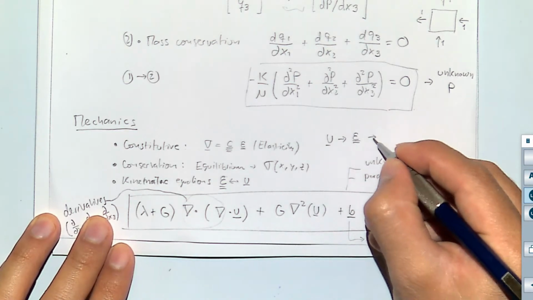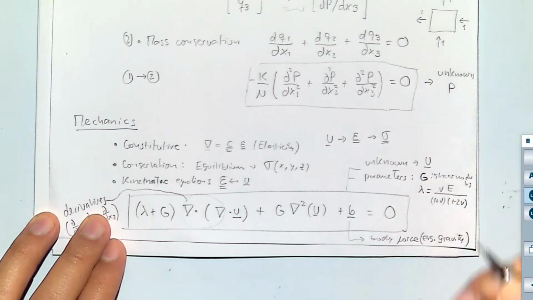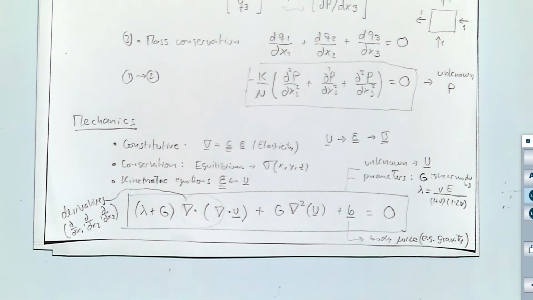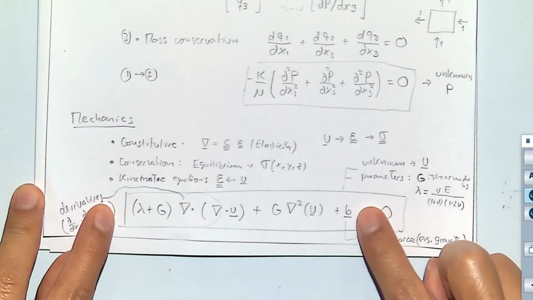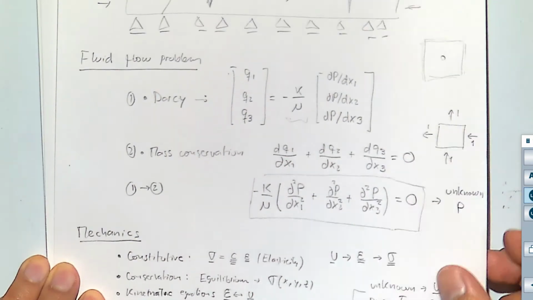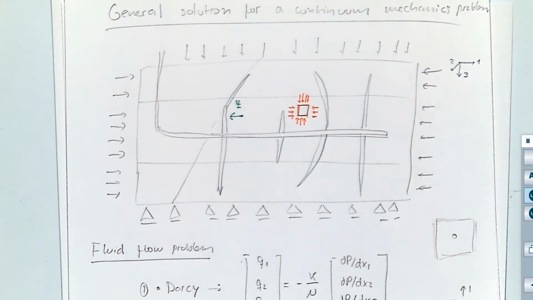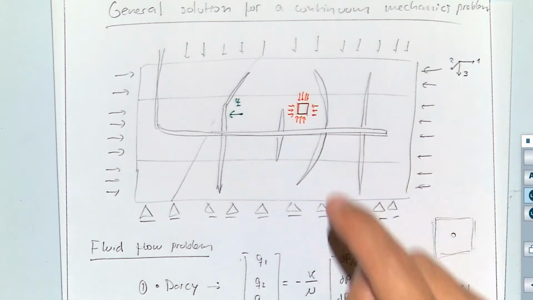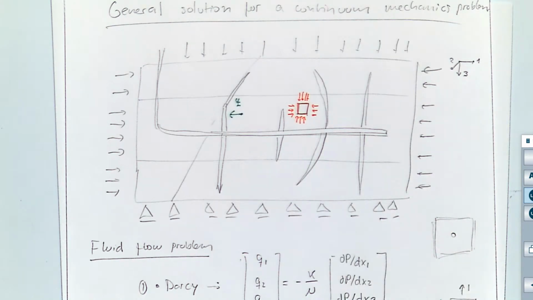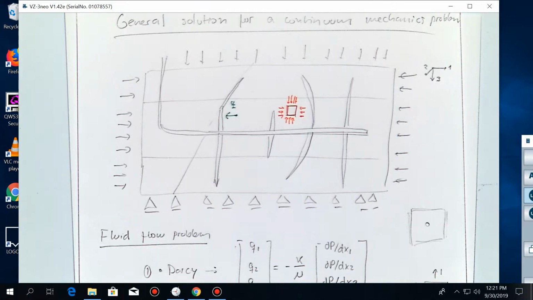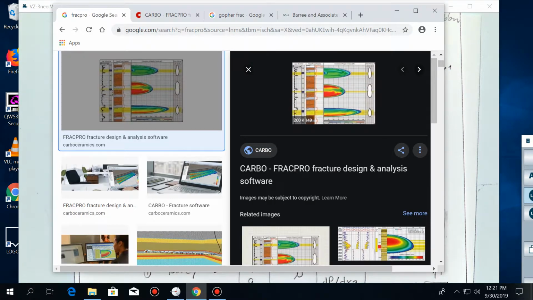If you know the strains, you'll get to know the stresses. And with these equations, if you solve them numerically, you're going to be able to solve a problem like this and to tell what the stress is, what displacement is, what the strain is in a complex problem like this one. So I was looking before for a few images to show examples of that.